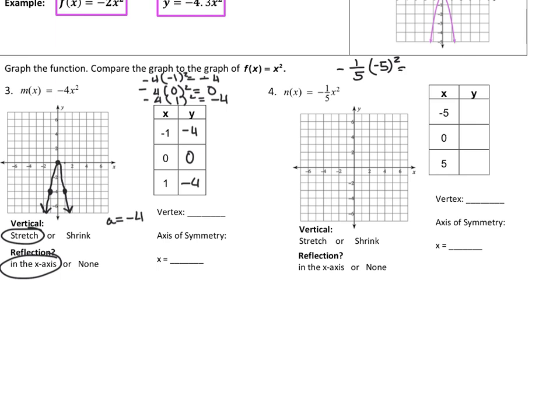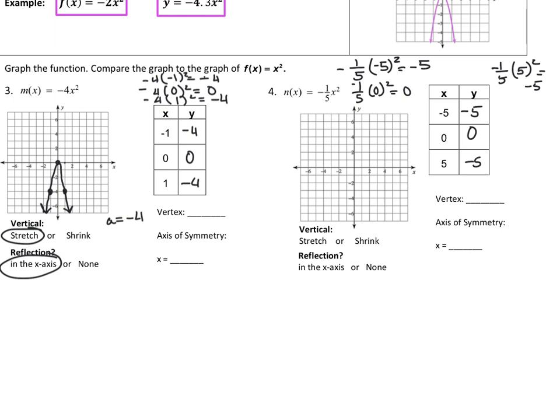So negative 5 to the second power is 25 divided by negative 5, which is negative 5. And you can put this in your calculator. You don't have to do mental math. So negative 1/5 times 0 to the second power, which is 0. And then the last one, negative 1/5 times 5 to the second power is equal to negative 5 again.